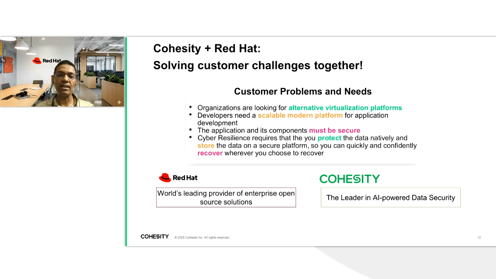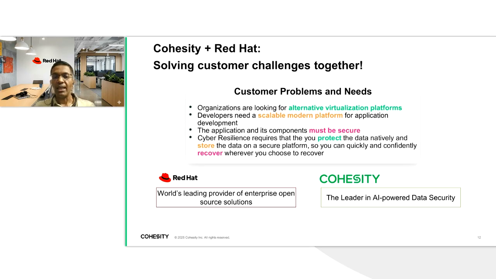So in the context of today's conversation, customers are looking for alternatives in their virtualization choices. At the same time, for a given platform, developers would prefer something that's scalable and modern to let them take their applications wherever possible. Security is a no-brainer. It absolutely has to be a part of the ecosystem.